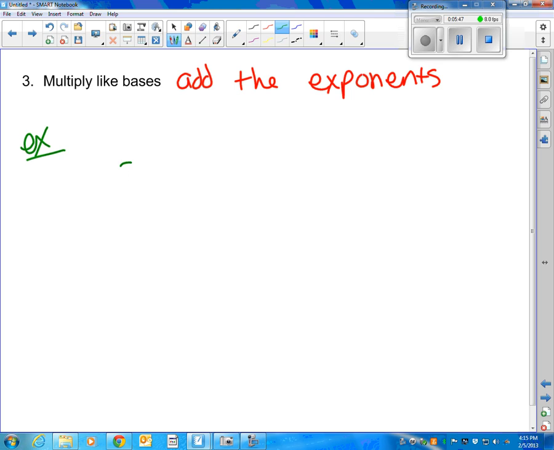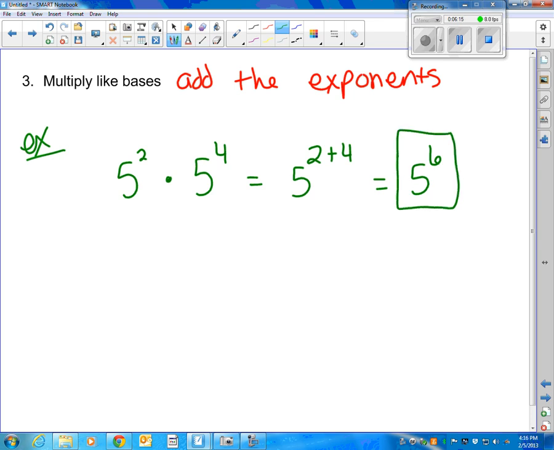If I had 5 squared times 5 to the 4th, if I want to simplify this, I take my common base, which is 5, and I'm going to add the two exponents, 2 plus 4, and I get 5 to the 6th. And if you want to, you could type that in the calculator and get the number.